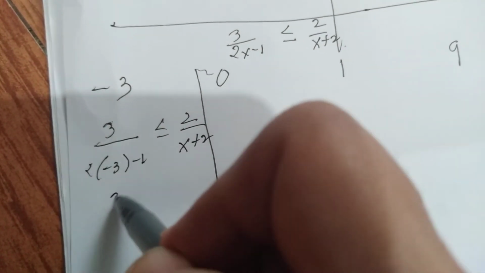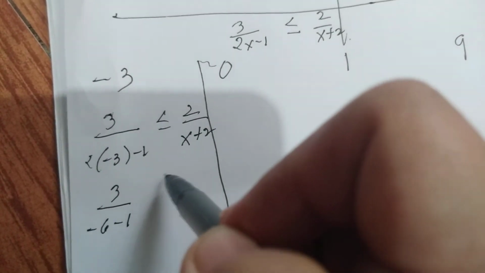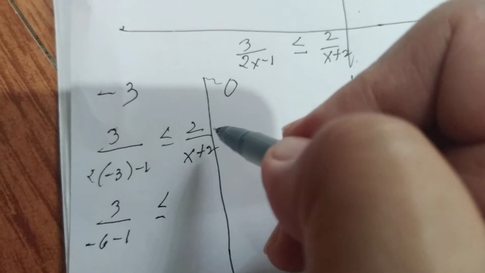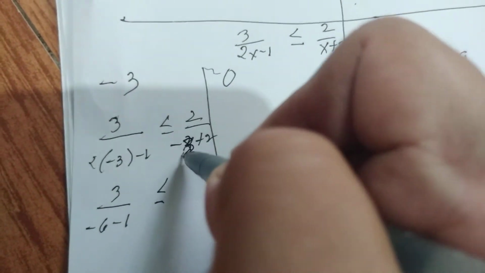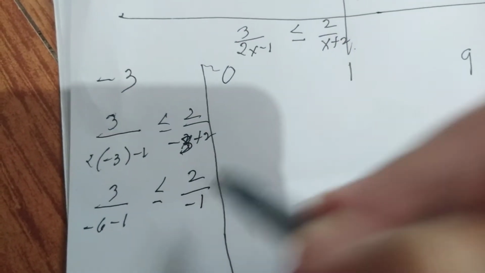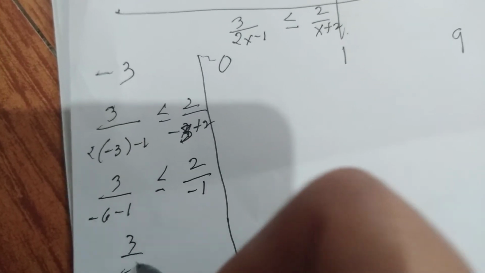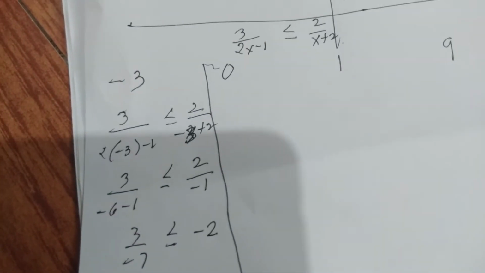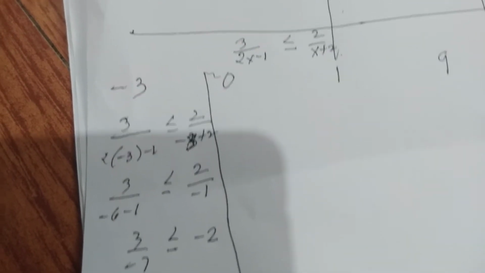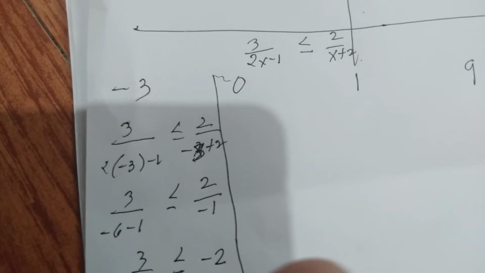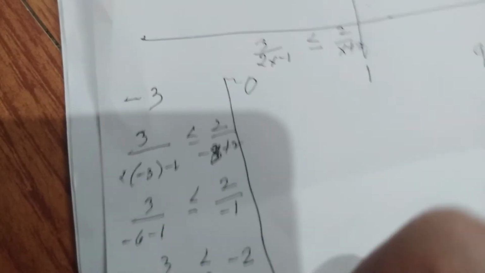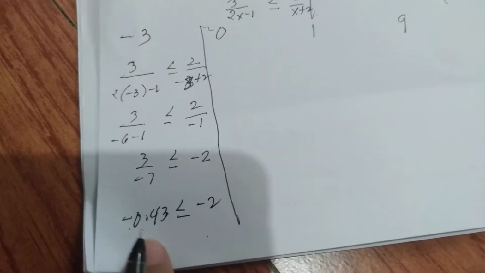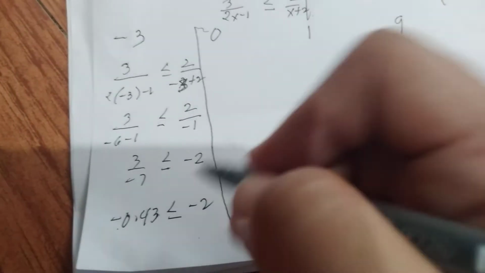And then you have 3 over negative 6 minus 1 is less than or equal to 2 over negative 1. So that is 3 over negative 7 is less than or equal to negative 2. So 3 divided by negative 7, that is negative 0.43 is less than or equal to negative 2. Is it true or false? So, ang negative 0.43 ay mas mataas sa negative 2. So, the statement is false.